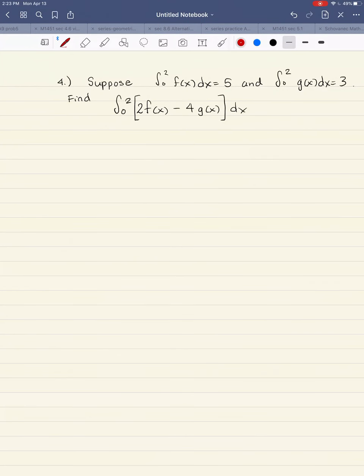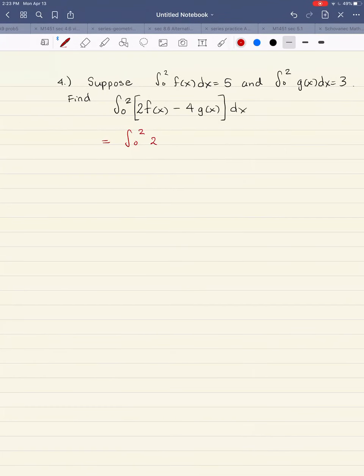Okay, now let's see if this one makes sense. Now we've got two different functions, both of them integrated from 0 to 2. The integral from 0 to 2 of f of x is 5, so that's the area under that curve, and the area under the g of x function is 3. We saw that an indefinite integral has a linearity property that you can integrate term by term in a sum, and if you have constants, you can pull them out. Well, the same idea is going to apply here.